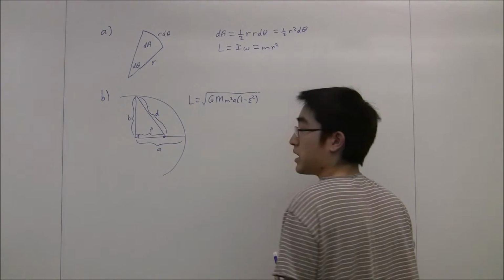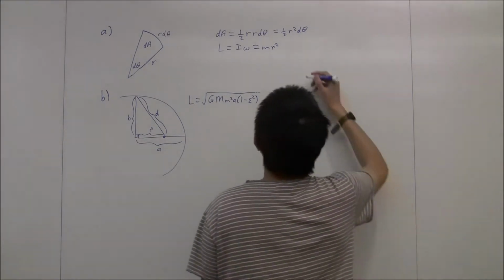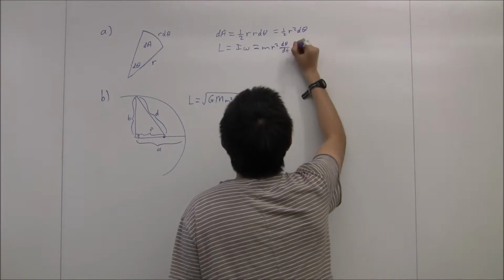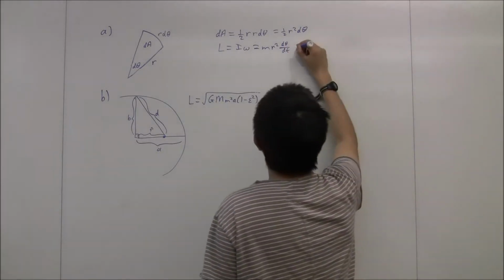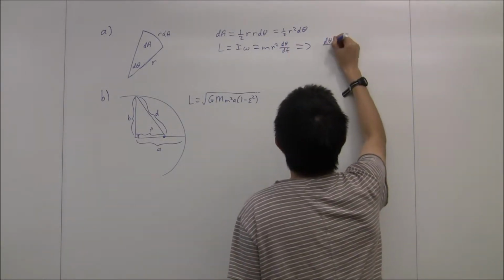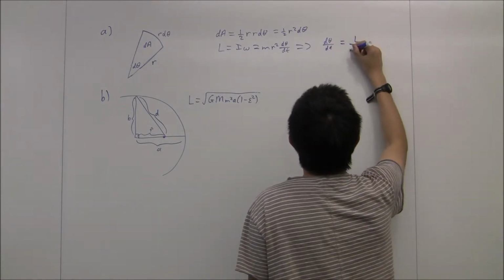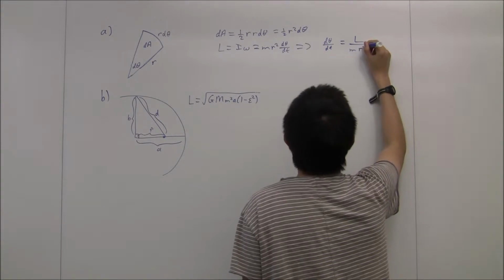And then that's multiplied by omega, which we can rewrite as d theta dt, which means that d theta dt is just equal to L over m r squared.